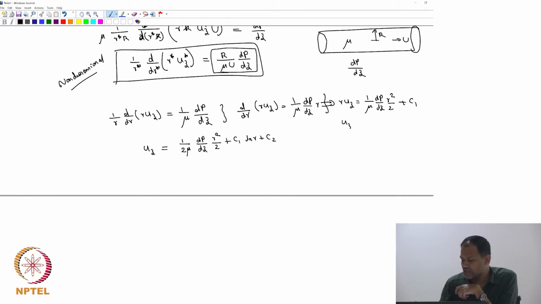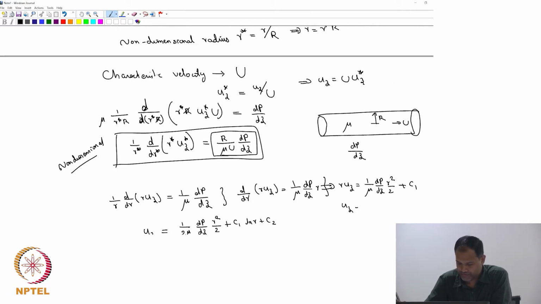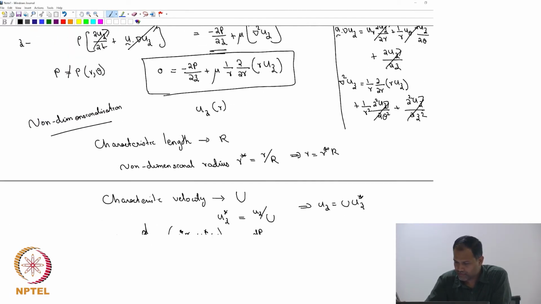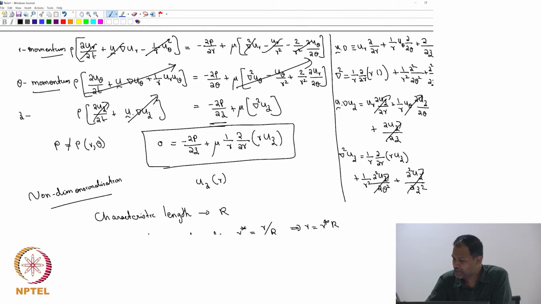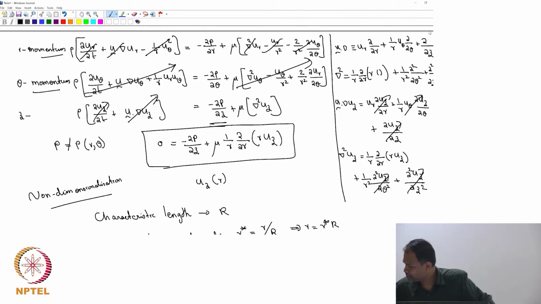which I rewrite as u z is, sorry, there is a d by dr missing, no? I missed somewhere. So, your Laplacian del square is 1 by r del by del r of r del by del r of something.